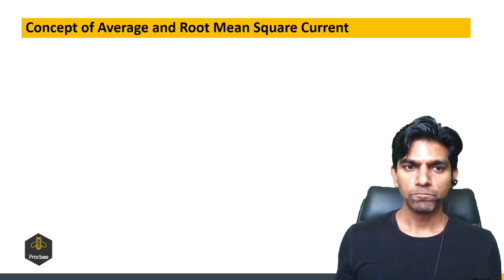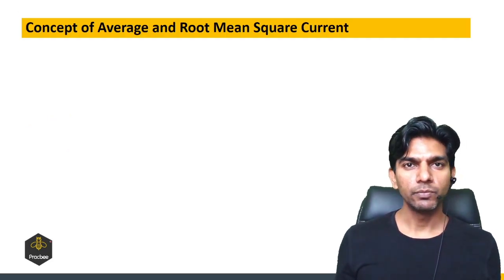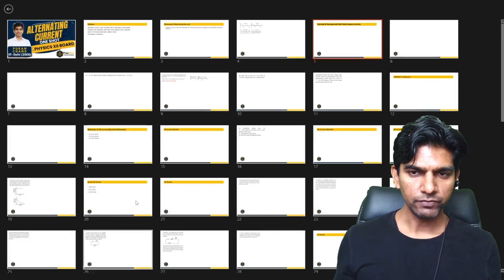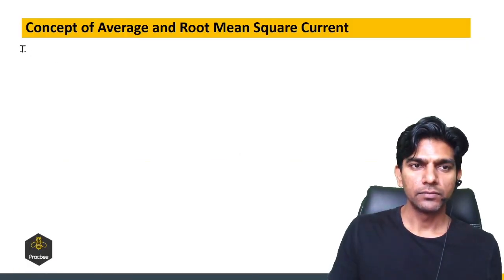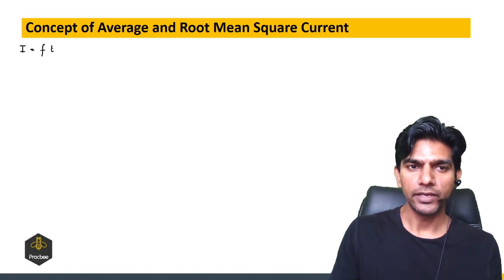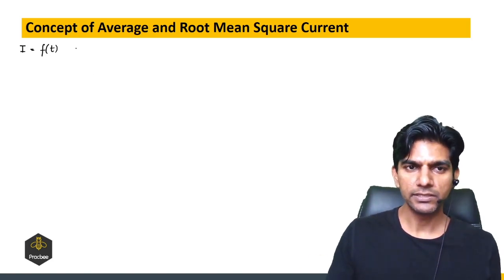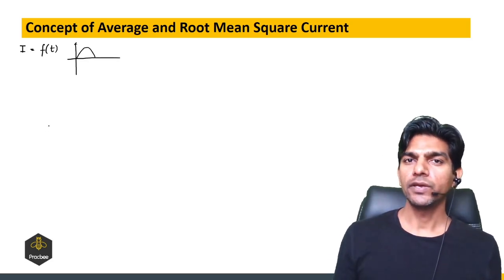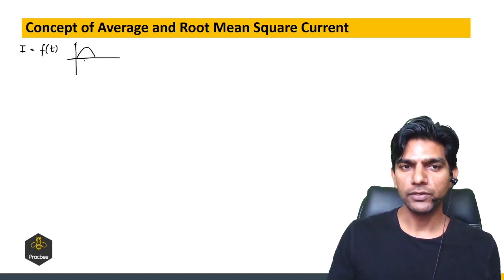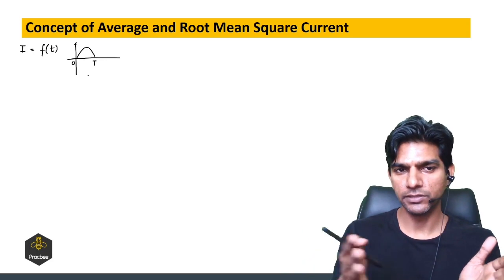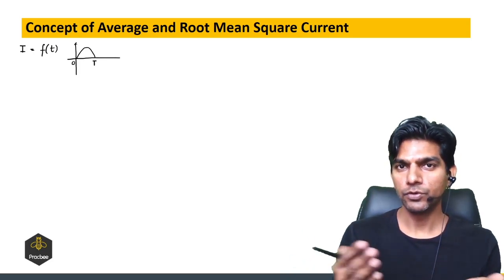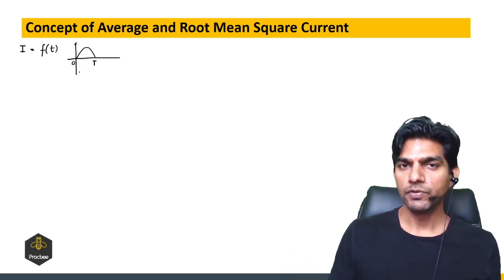Now let us see the concept of average and root mean squared current. Say we are given a current which is a function of time, varying like this, and we want to find the average value of this current from 0 to, let us say, capital T. So 0 to capital T is the interval. What are we going to do?